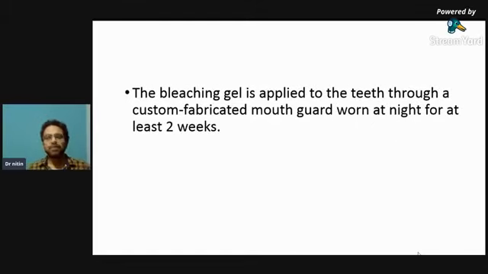So bleaching gel is applied to the teeth through a custom fabricated mouth guard or a bleaching tray, which I told you, at night. And the duration is depending actually. If he's a day wearer with high concentration, it may take 1 to 3 weeks. And sometimes night wearer with very low concentration may take 2 to 4 weeks. So on an average 2 to 3 weeks में result आ जाता है.